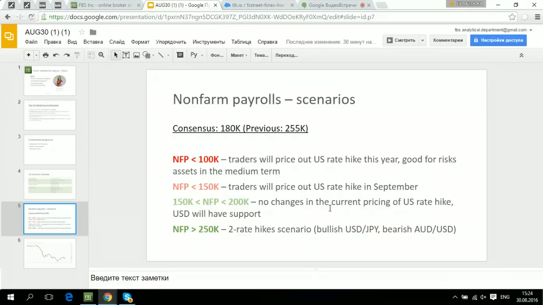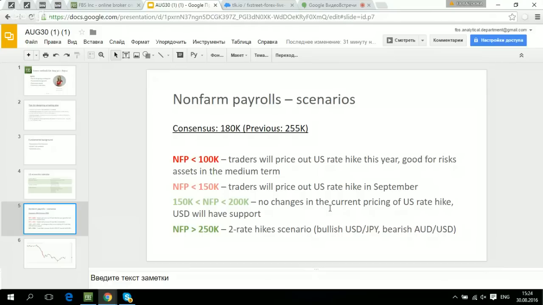Often we see that there is a big divergence between the consensus forecast and what actually comes out as the non-farm payrolls reading. This is why this release is so important. This is why this release causes such a volatile reaction of the market.